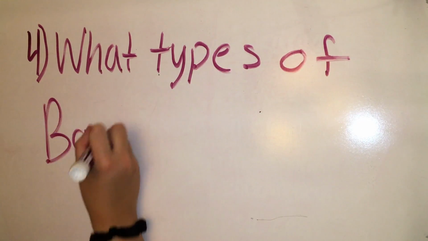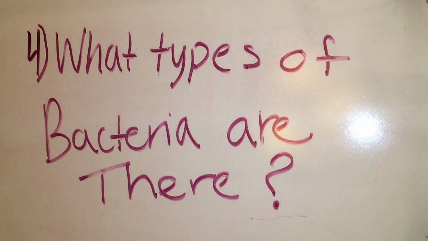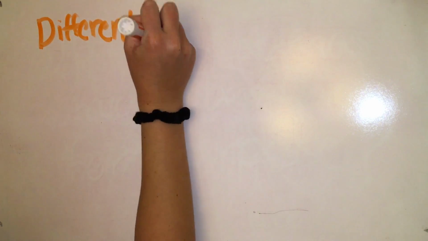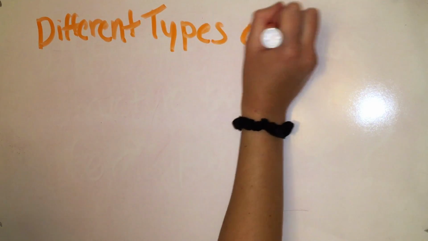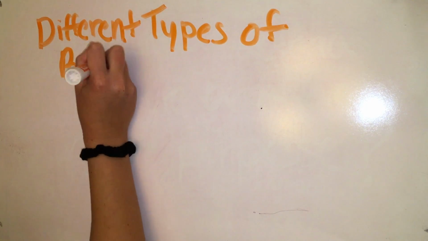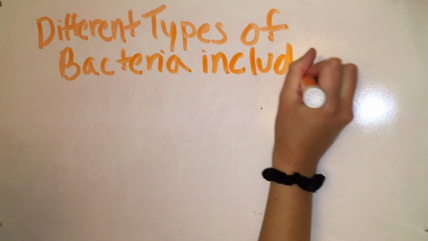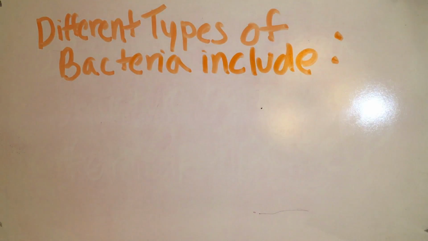So what different types of bacteria exist? Let's review the 5 broad types of bacteria. First, we have coccus. This bacteria grows in the noses and on the skin of humans. It is known to be responsible for illnesses such as strep throat, toxic shock syndrome, and the scarlet fever.